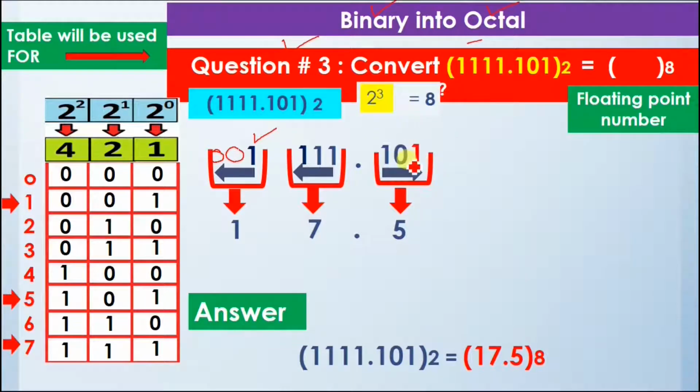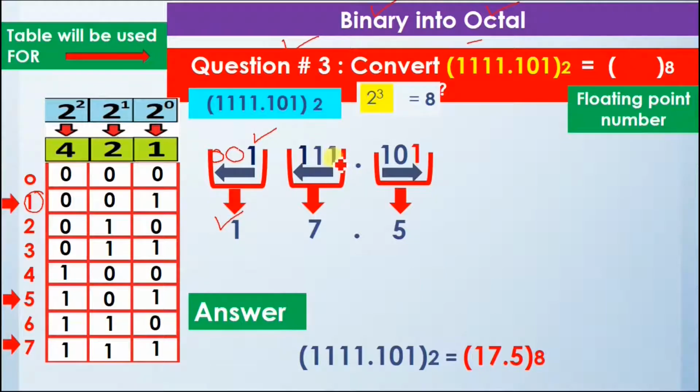So we can make their group and the group is complete. Now we will look at the table and we will write the equivalent octal numbers by looking at the table. So first of all, we have 001. So we will go to the table and find 001. So here is 001 and 001 is equal to 1. So we write 1 here.